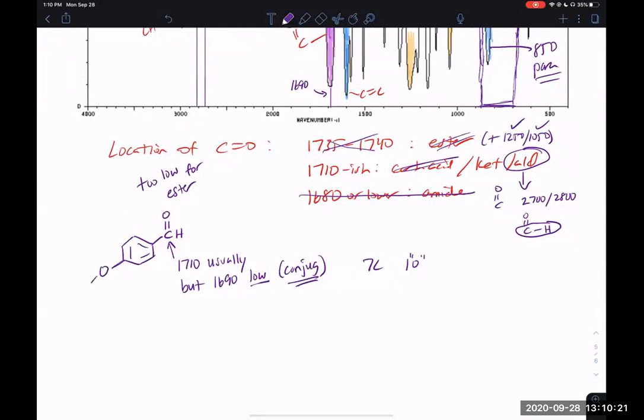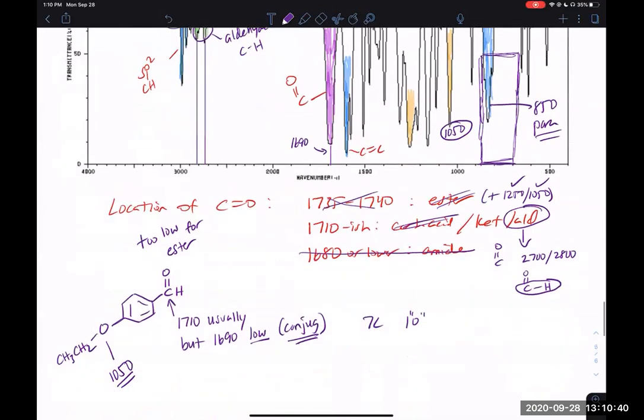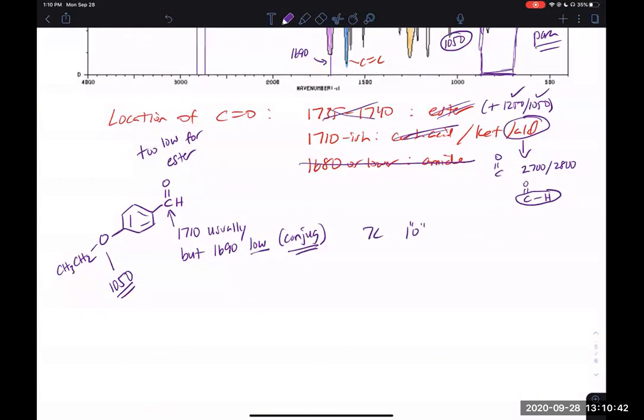What if I just did this? Like that. And ether shows a peak at 1050, just a generic C-O. And I do have a peak at 1050. So that's not completely crazy. So that's a possibility right there.